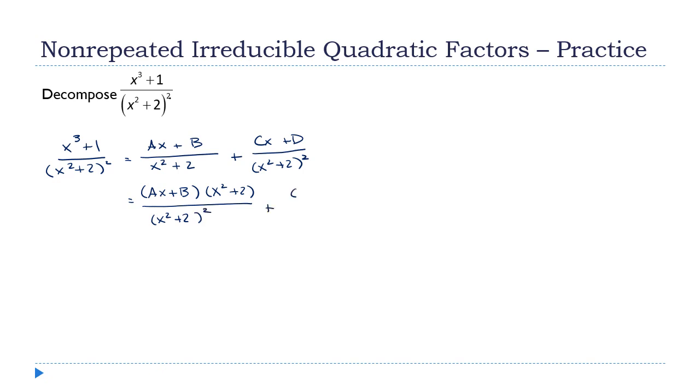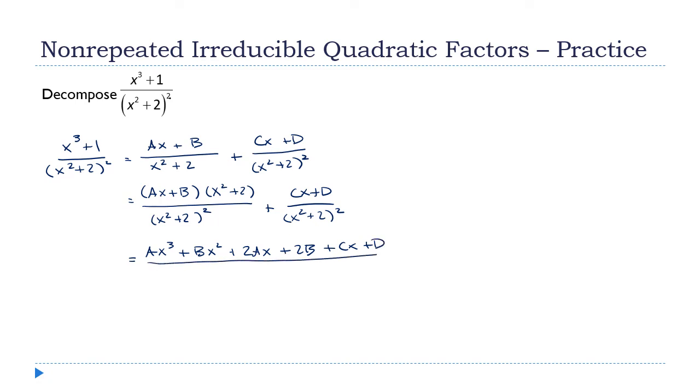And now the denominators are the same, and I can combine the numerators. I'm going to multiply this one out as I do this. This is ax to the third plus bx squared plus 2ax plus 2b plus cx plus d, that comes from the second one, over that common denominator, which I'll now get rid of.